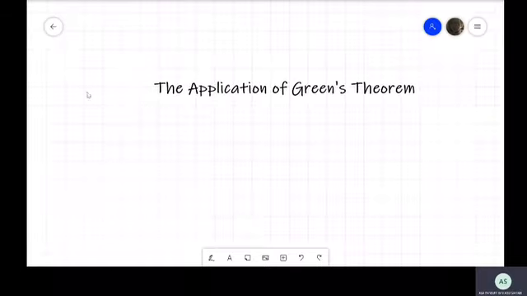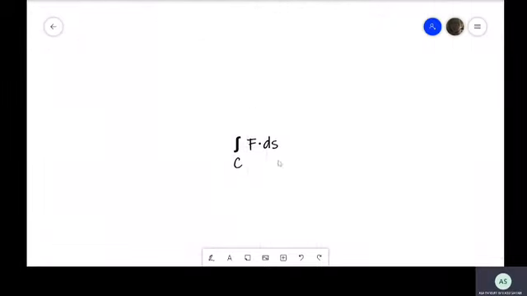Green's theorem provides another way to calculate the integral over C of F·dS, that you can use instead of calculating the line integral directly. However, some common mistakes involve using Green's theorem to attempt to calculate a line integral where it doesn't even apply.